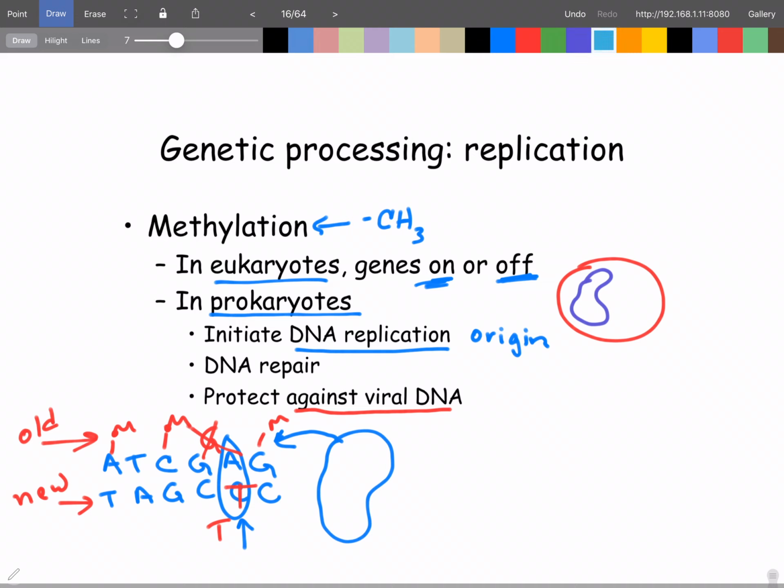Let's say that a virus, I'm going to draw a little bacteriophage, infects the cell and makes copies of more virus. Because the virus takes over the cell and uses this cell's enzymes to synthesize its DNA, its DNA is going to look like the DNA of the host, having all the same methylation patterns.